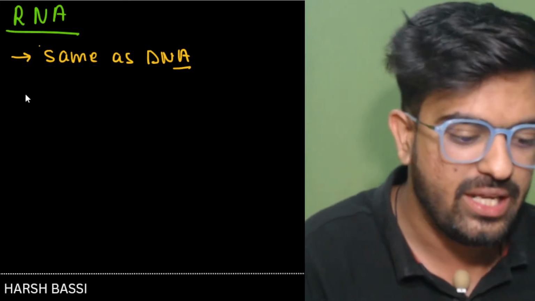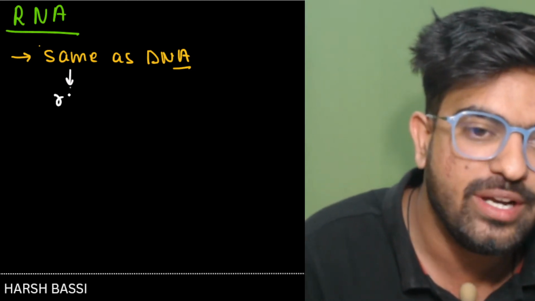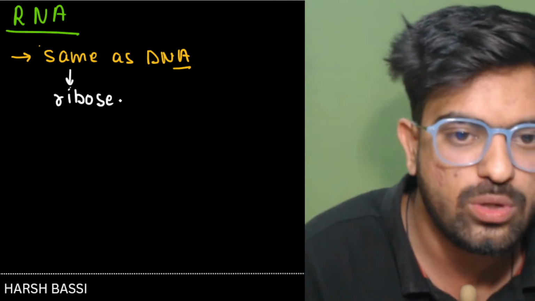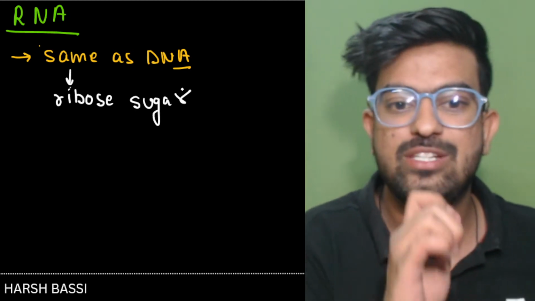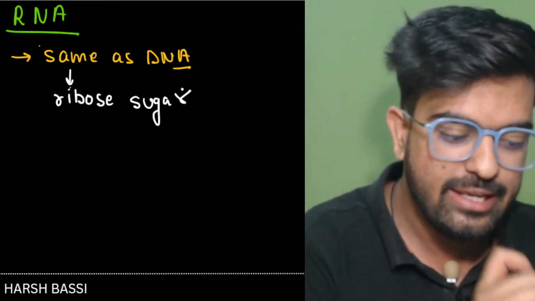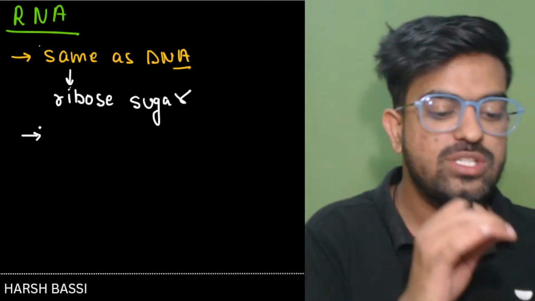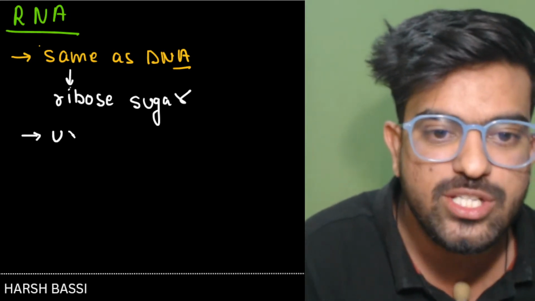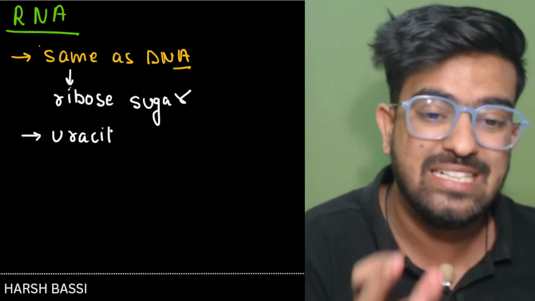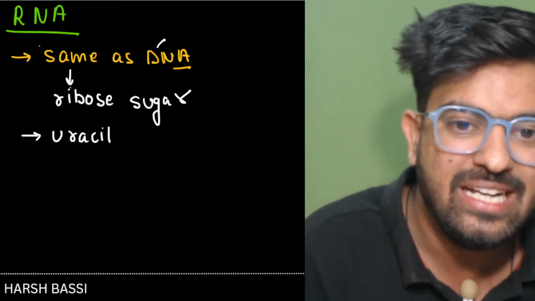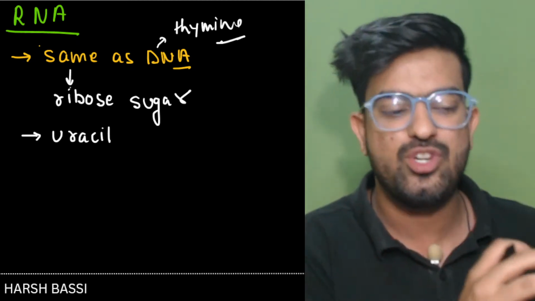Number one, in RNA there is the presence of ribose sugar, while in DNA there is deoxyribose sugar. Second, in RNA uracil is present, and in DNA thymine is present. So these are the two major differences between the structure of RNA and DNA.